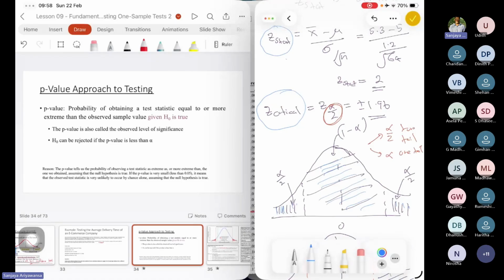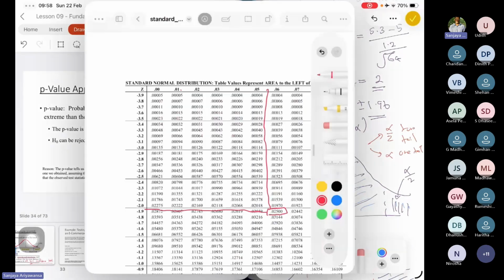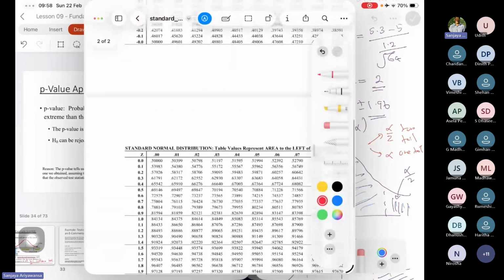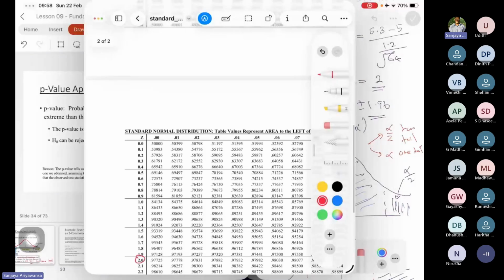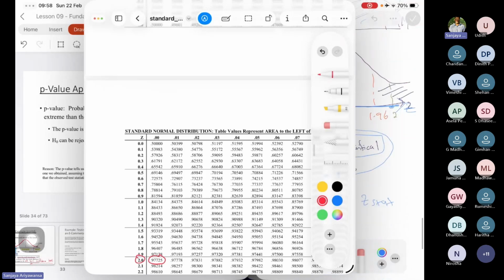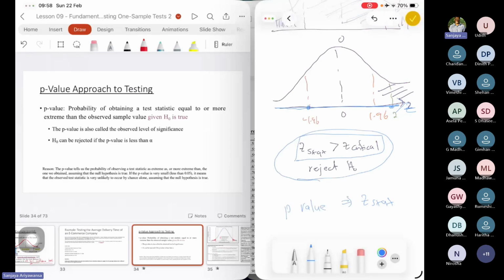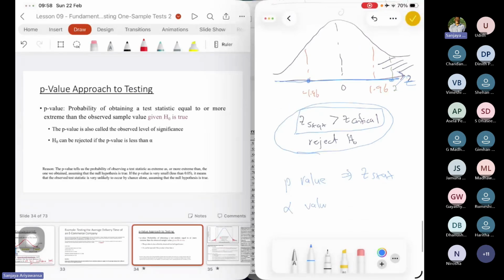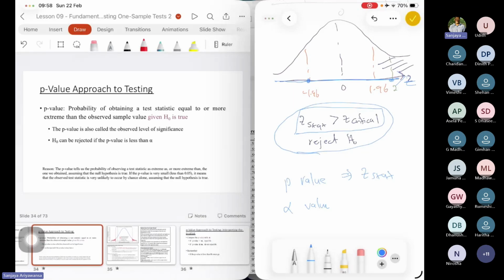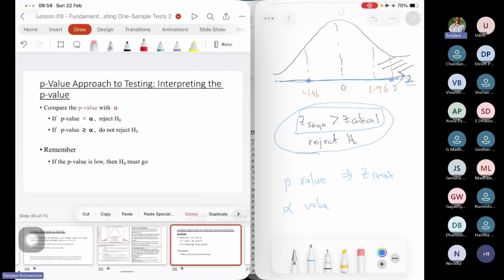So we go to the Z table, we look at where the plus 2 Z value is, over here. That gives me this probability value, 0.97725, right? And then I compare that value with the alpha value. That's what I do in the second approach. And how do you arrive at a decision? If the calculated p-value is less than alpha, we say we reject H0.